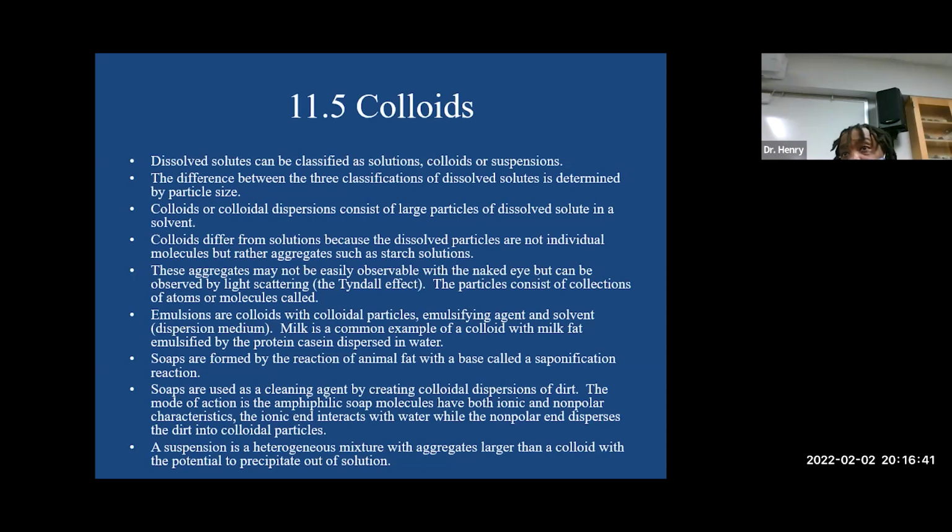Or frosting. Have you made frosting? So that's an example of an emulsion, and also an example of a colloid. Even though it looks like it's all evenly distributed, those molecules are larger in size and aggregating together, so the sugar molecules and the butter and all that stuff.